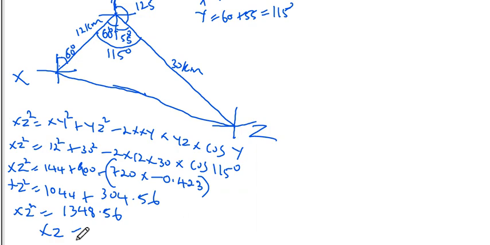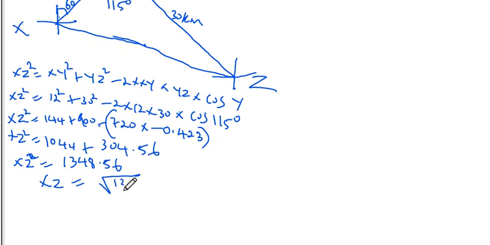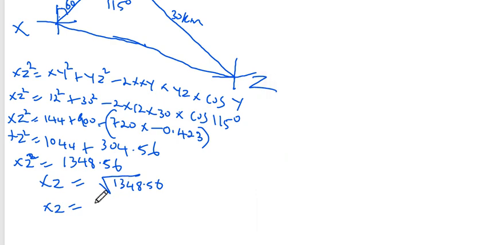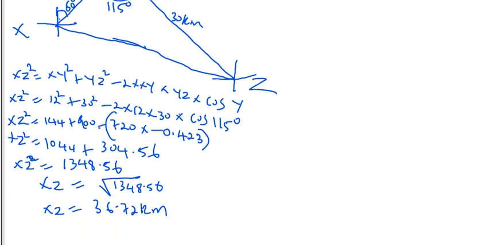So XZ becomes the square root of 1348.56, because when you square both sides, you take the square root of both sides. That gives us 36.72 kilometers. So that's the distance between X and Z.